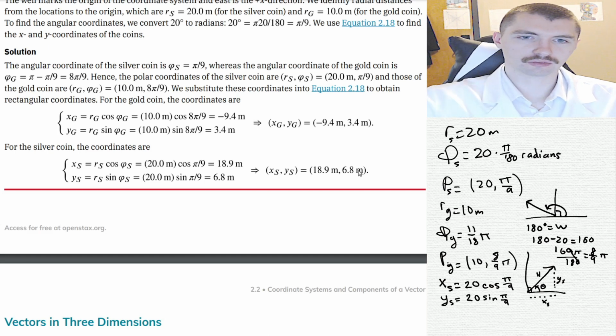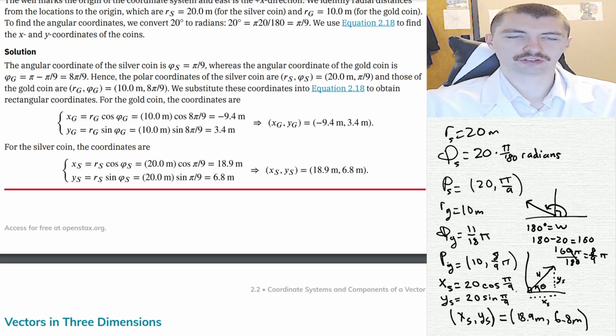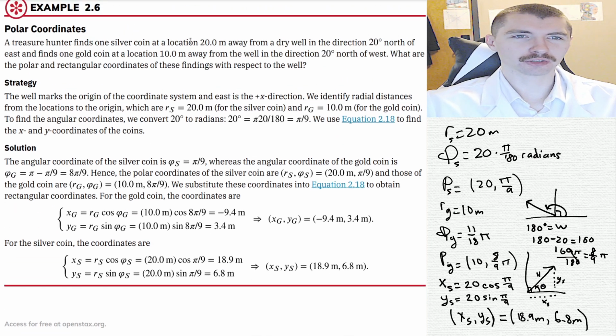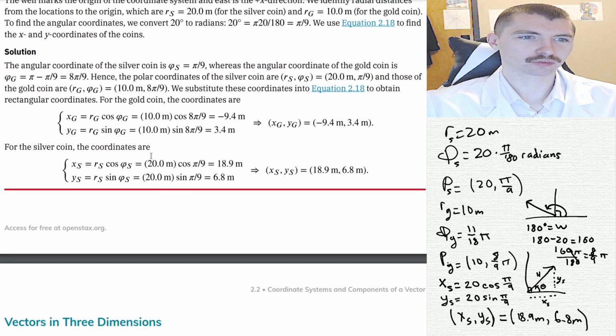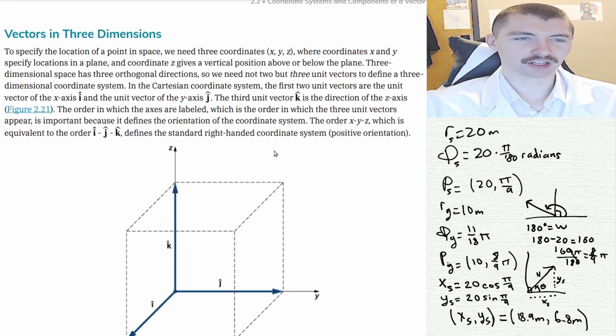Okay, 6.8. So we have verified the xy coordinates of our polar point. And then we would just do the same thing for the gold coin. I don't know why they flipped these. If you're introducing it in one order, silver coin first, why don't you do that? But that's kind of nitpicky, I guess.